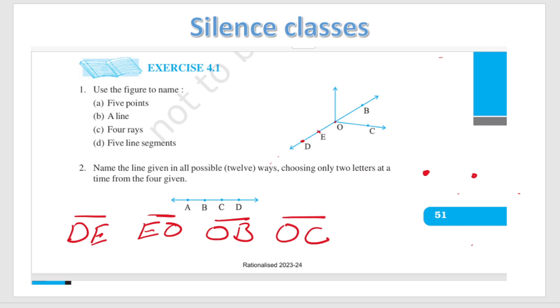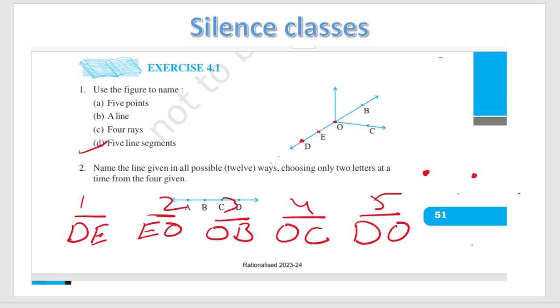I hope you guys are understanding. We can write D and O as well, because we are starting from D and ending at O, so all these are line segments. We have to find 5 line segments, and we have 1, 2, 3, 4 and 5, all 5 line segments.